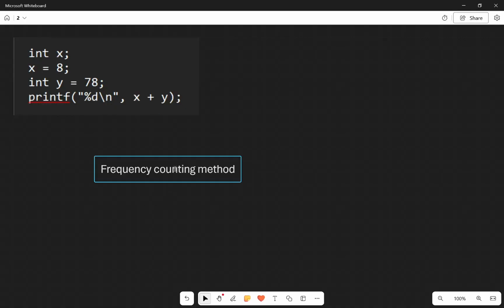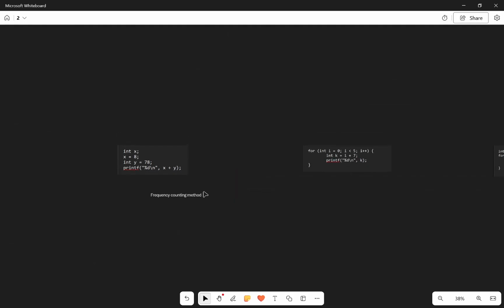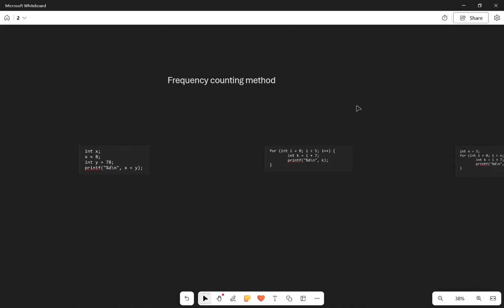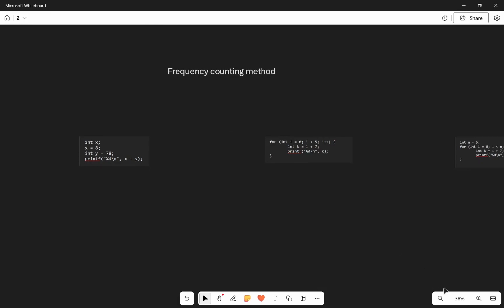So this is the method we will be using. We will be using frequency counting method. So yeah, let's get started.